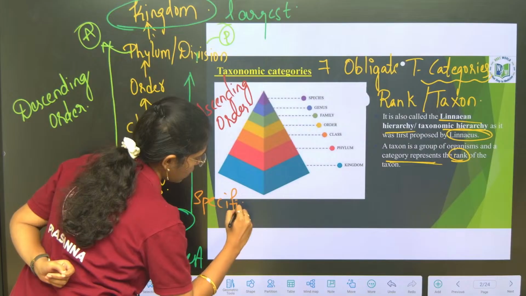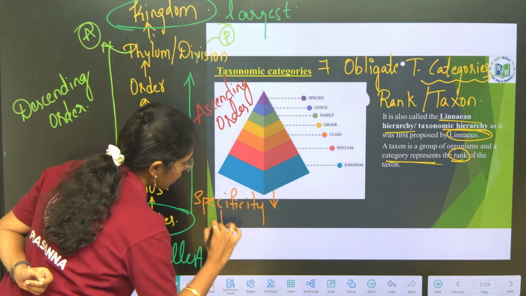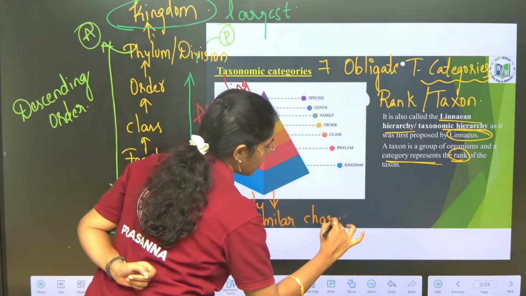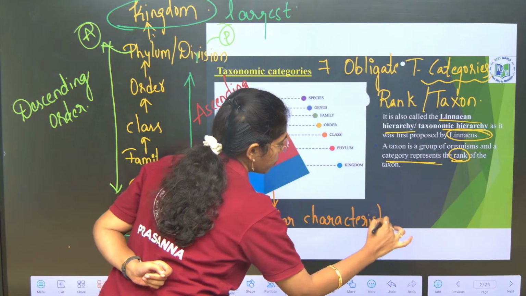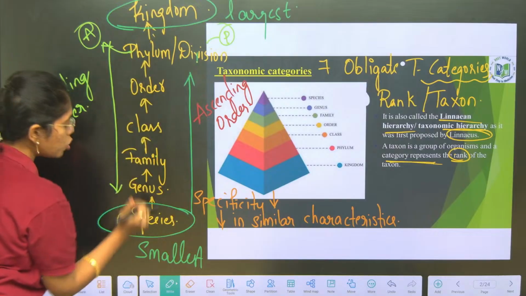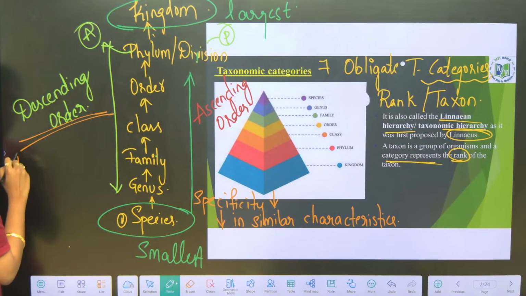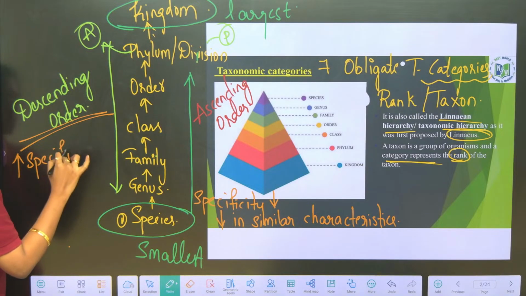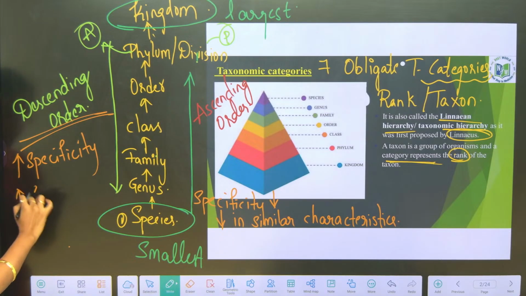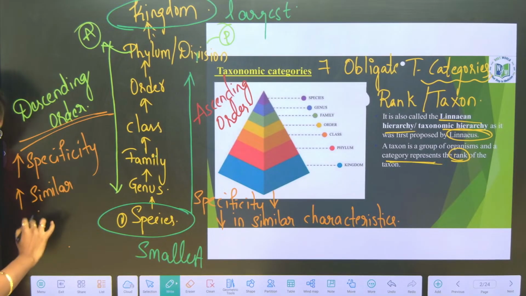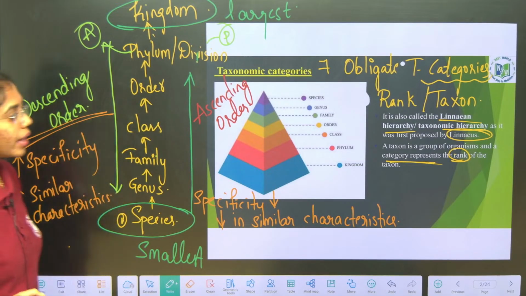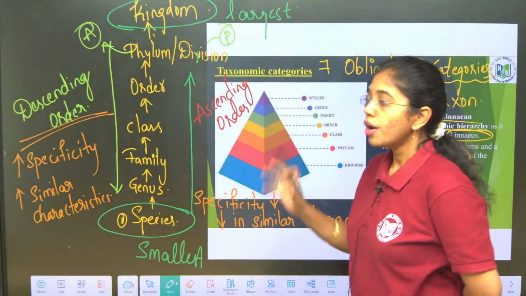And as you move from kingdom to species, that is in descending order, specificity increases and the similar characteristics shared among the organisms also increase. These are the major points that you have to remember from taxonomic categories.